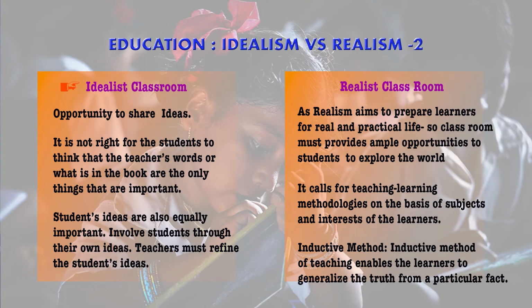The class is not fragmented or divided into multiple forms, and we organize a class where a student can think and come out with original thinking. A student can debate, discuss, have dialogue, and use logic; all these are parts. So we provide opportunity within the classroom for debate, discussion, and logic. Whereas in a realist classroom, we fragment things.